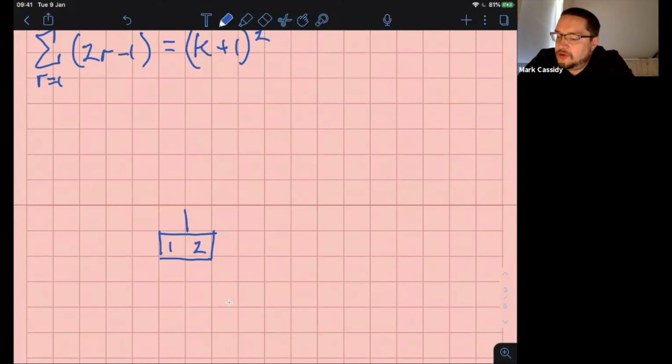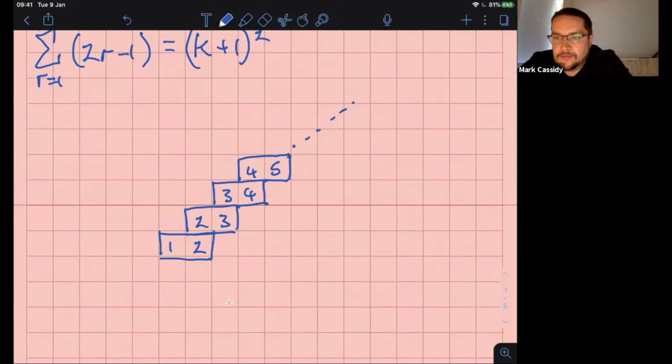And if it's true for the number 2, then it's true for the number 3. And if it's true for the number 3, then it's true for the number 4. And if it's true for the number 4, then it's true for the number 5, and so on. So what we've shown is that because it's true for the first one, it's true for the next one, then it's true for every one.